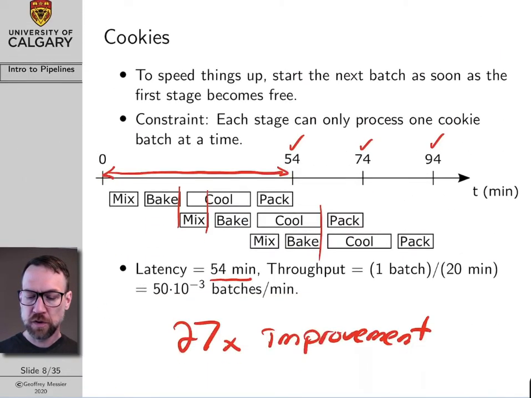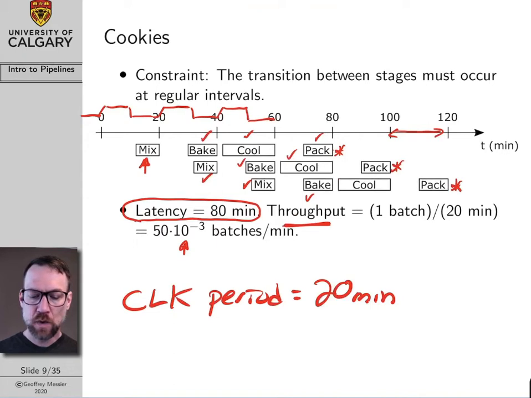If we move to a system where we now have an earlier stage start on the next instruction while the current instruction is still finishing, then we reduce our clock period, because we now place our rising edges at the points where we make a transition between our stages.